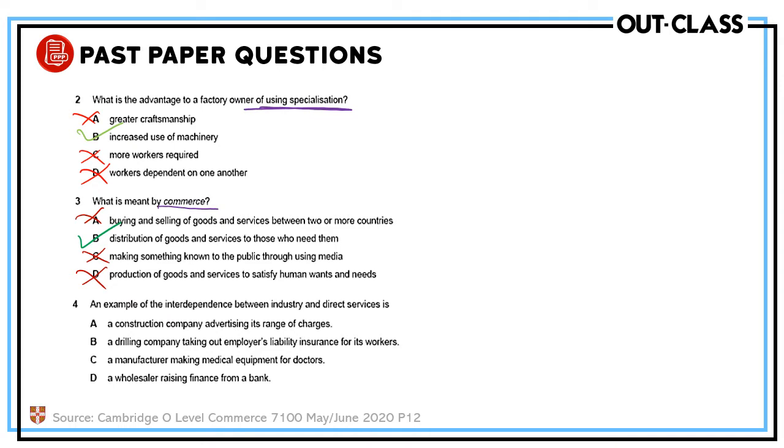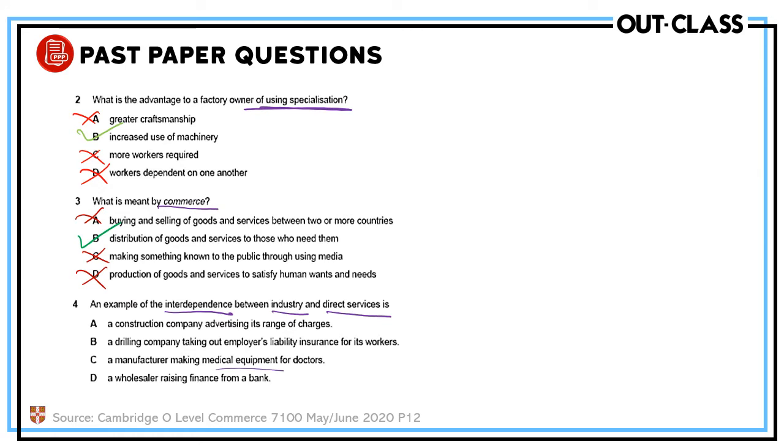Fourth, an example of interdependence between industry and direct services is a construction company advertising its range of charges. This will not be industry and direct services. Moving on, a drilling company taking out employers' liability insurance for its workers. Let's read the others and then decide. A manufacturer making medical equipment for doctors.